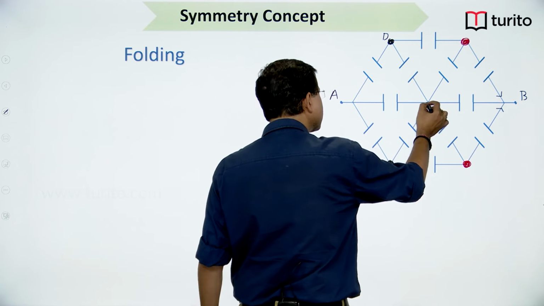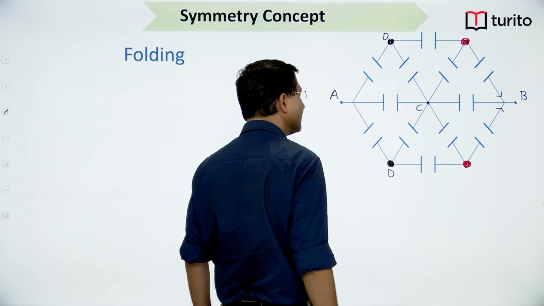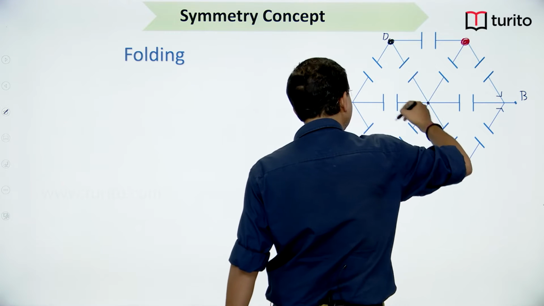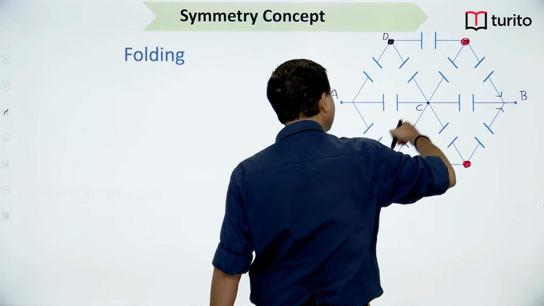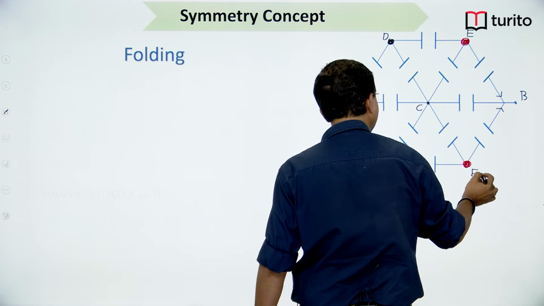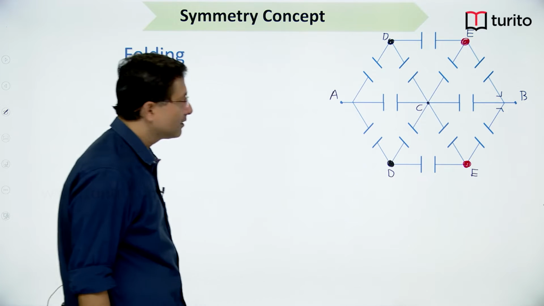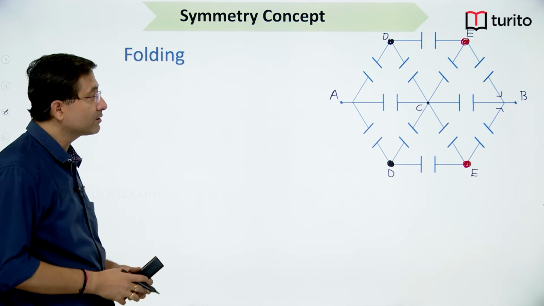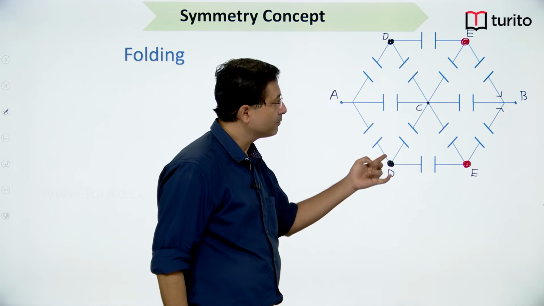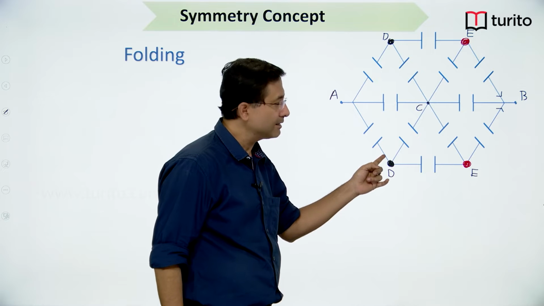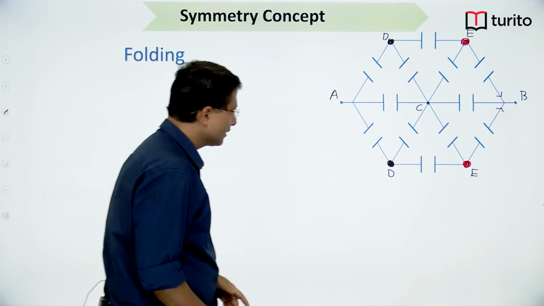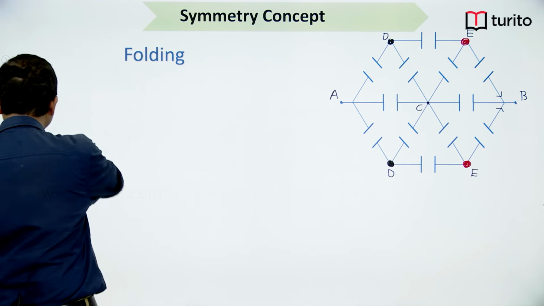This terminal, let us name it C, and this one and this one, let this be A, B, C, D, let us call it E, E, E, right. And now we will try to redraw the circuit representing these two by a single point D. Similarly, single point E. Let us draw.